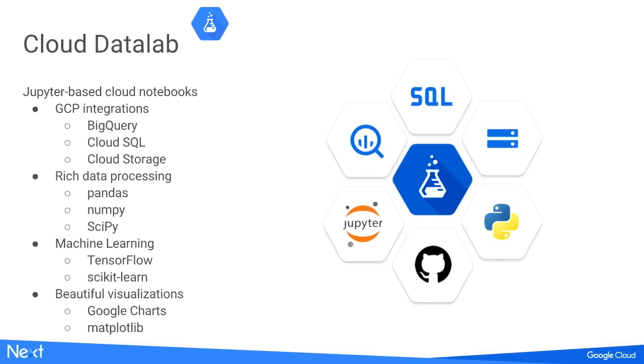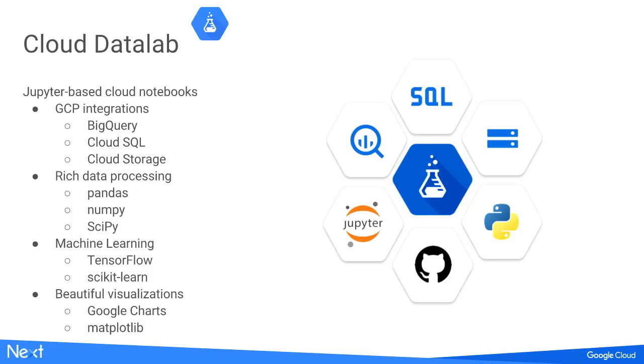However, the world isn't all SQL, and sometimes you want to do things like machine learning. So that's where Cloud Datalab comes in. Datalab adds a bunch of rich features to Google Cloud storage services like BigQuery. So it can take data from Cloud SQL, Cloud Storage, BigQuery, and then process that data inside of a Jupyter-based cloud notebook with all of your favorite Python data processing libraries: pandas, NumPy, SciPy.